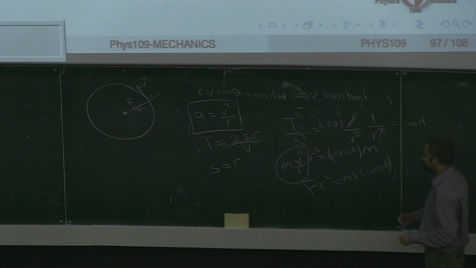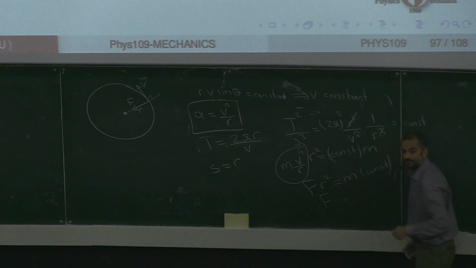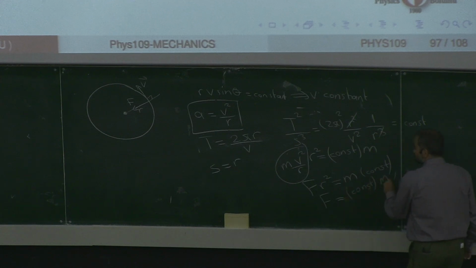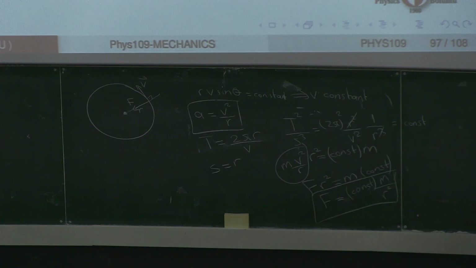So this already tells me that the force that my planet is experiencing should be given by some constant times the mass of the planet divided by the distance of the planet from the sun. So this inverse squared law of the gravitational attraction is a consequence of the observation of Kepler, his third law.